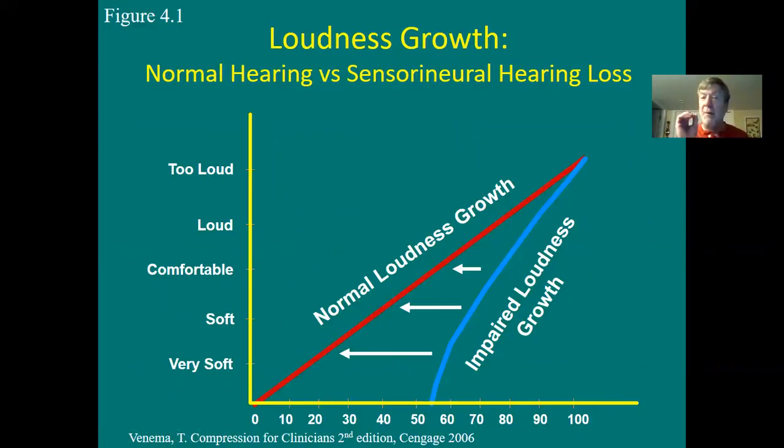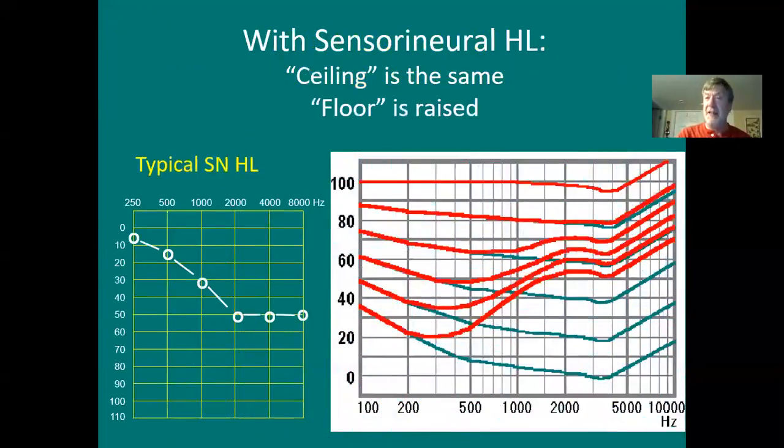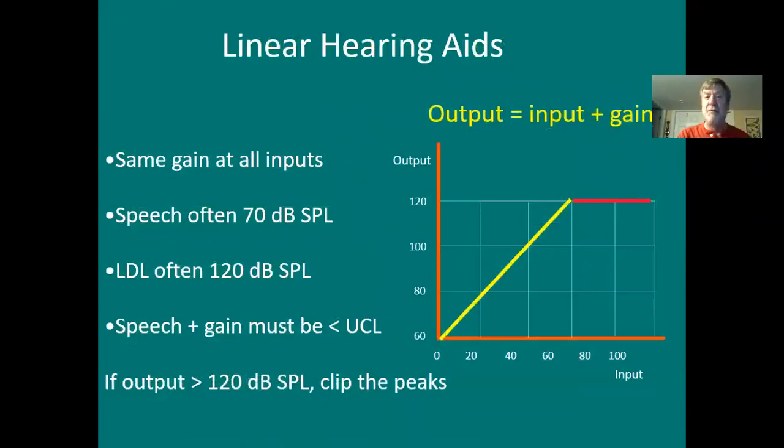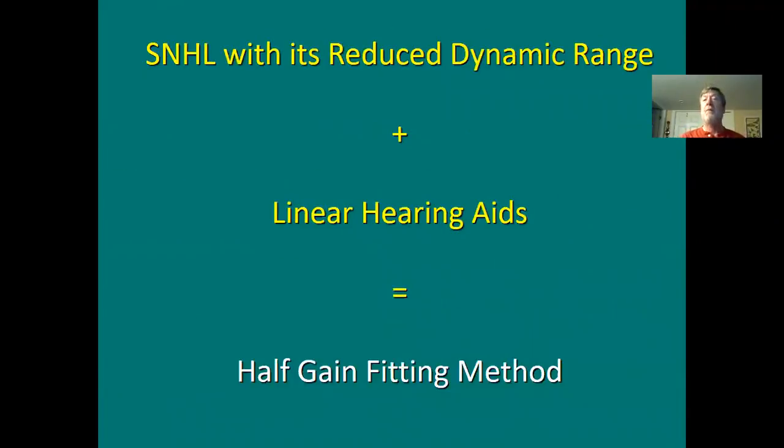They'll amplify a whisper by the same amount as they'll amplify average speech, by the same amount as they'd amplify loud sounds. Please don't think linear hearing aids means all frequencies are given the same gain. That's not true, okay? But all input levels are given the same gain. Always remember that. Don't confuse those two.